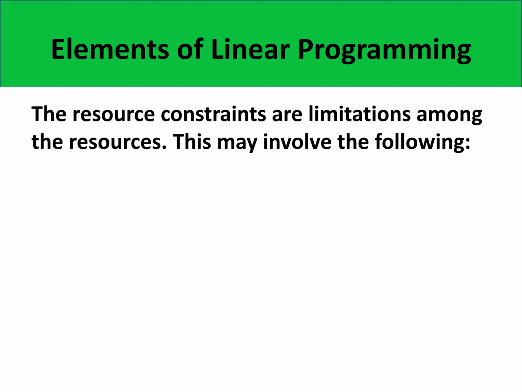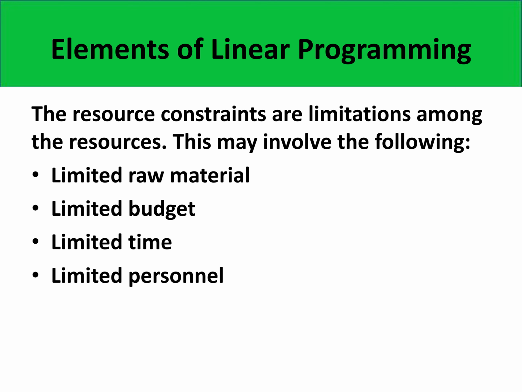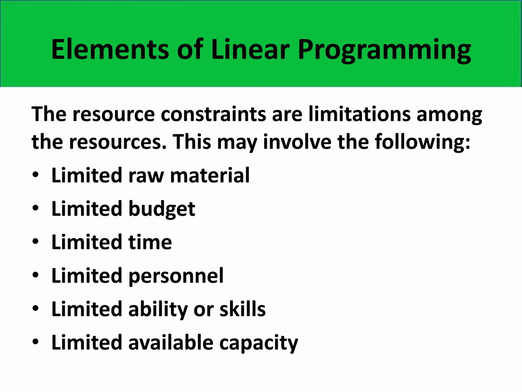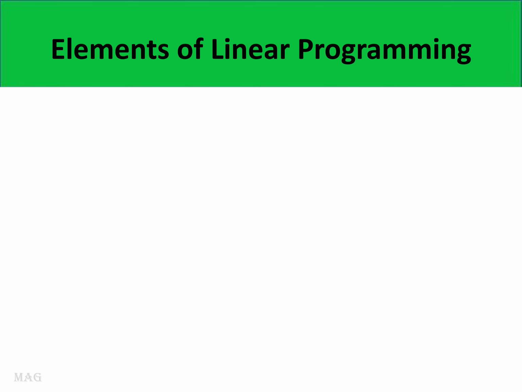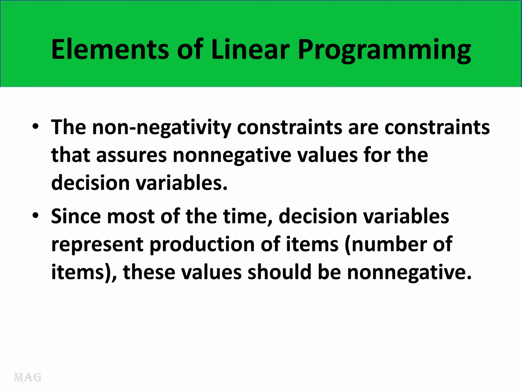The resource constraints can be one of the following: limitations in raw materials or ingredients, monetary limits, time restrictions, availability of personnel, presence of ability or skills, and space capacity. The non-negativity constraints are constraints that assure non-negative values for the decision variables. Since most of the time, decision variables represent production of items, these values should be non-negative.